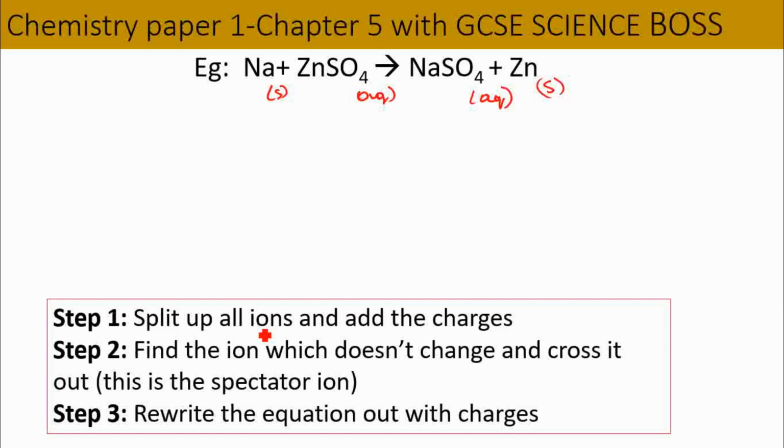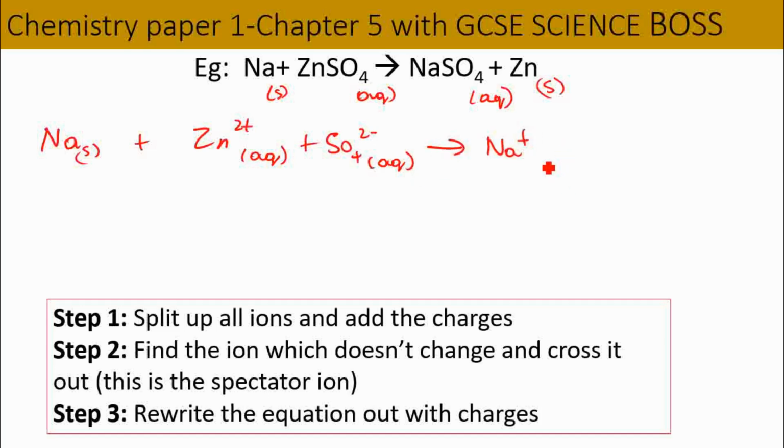So step one, we split up all the ions. All right, sodium is not an ion, therefore we don't split. Zinc sulfate, that has ions, so we are going to split. SO4 2-. You need to know your ions. Okay, that's going to be Na+ aqueous plus SO4 2- aqueous, and then that's going to form zinc, not an ion, therefore we don't split.